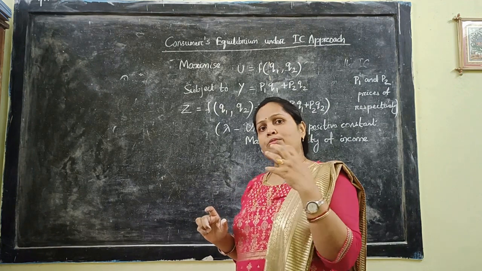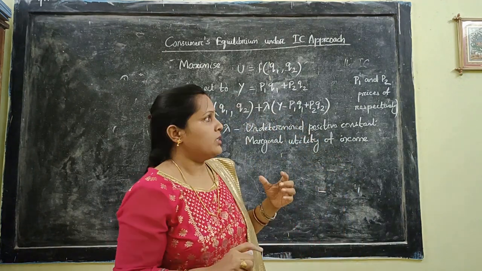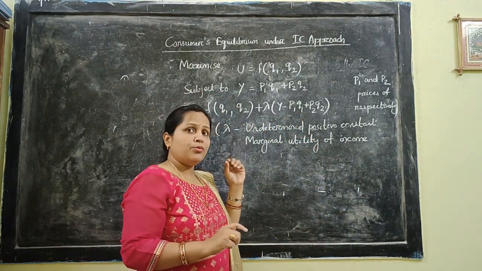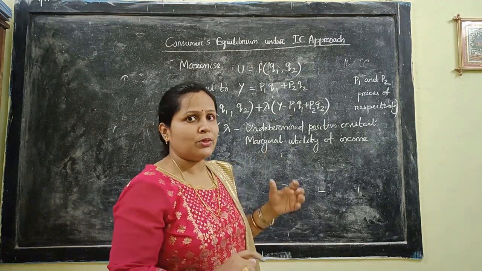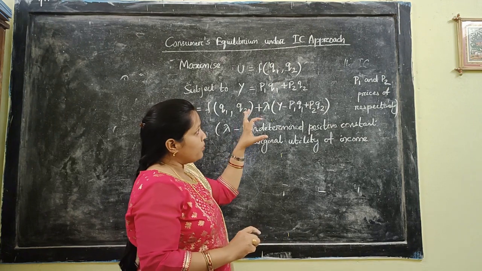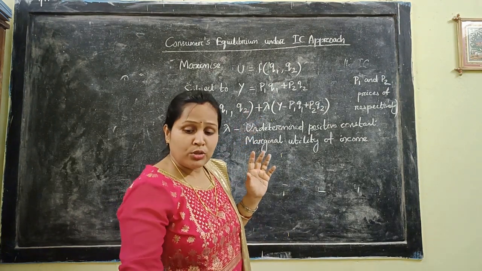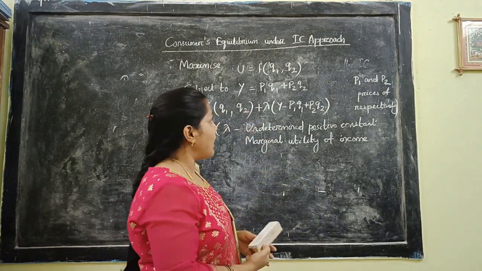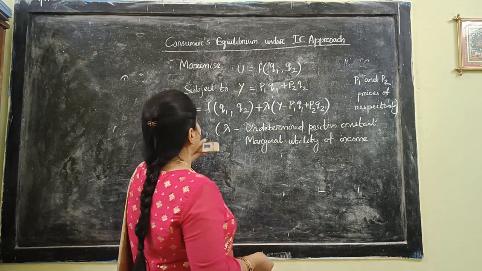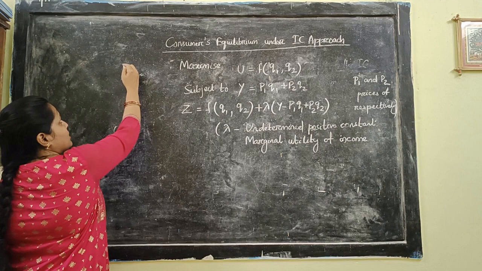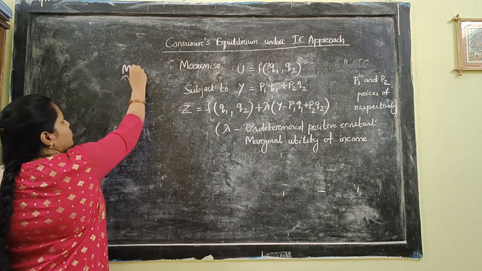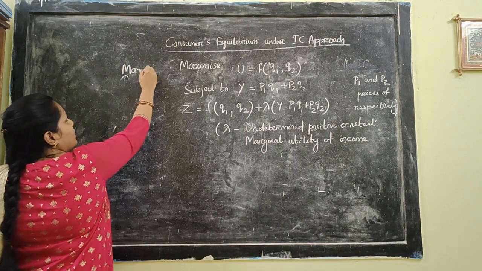And we get the stationary points from the first order partial derivatives of the function. So for maximization, I am writing here the conditions of maximization.